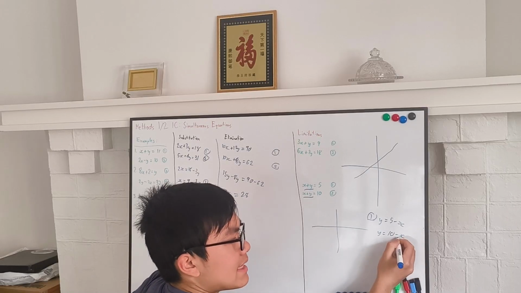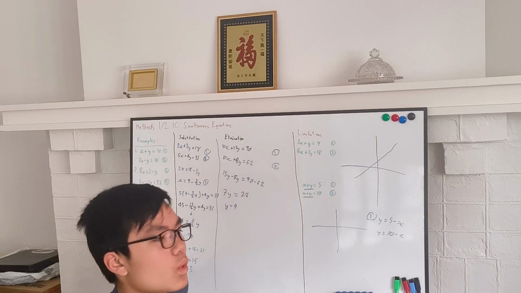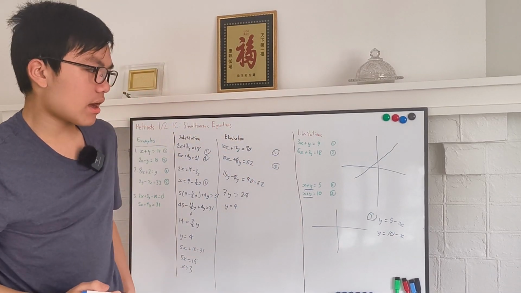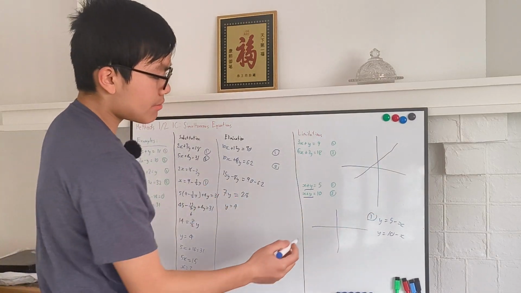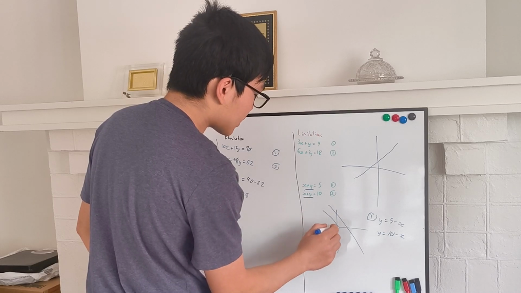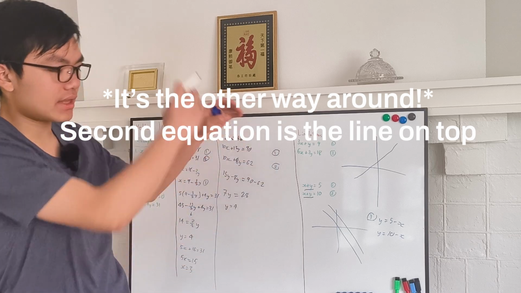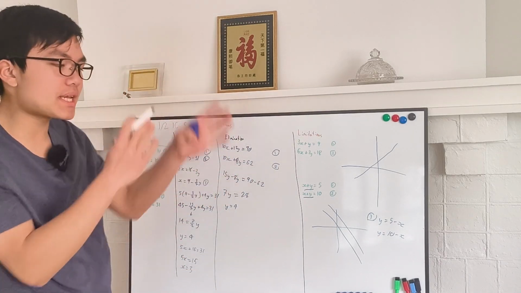You can see they both have the same gradient, because the gradient would be minus 1, because minus x and minus x. However, since they both have a different y-intercept, the first equation would be like this, and then the second one would be like this. So they are both parallel because they have the same gradient, but they don't meet at all.